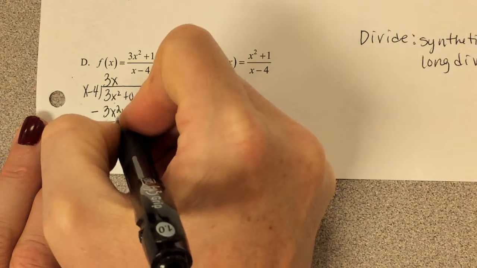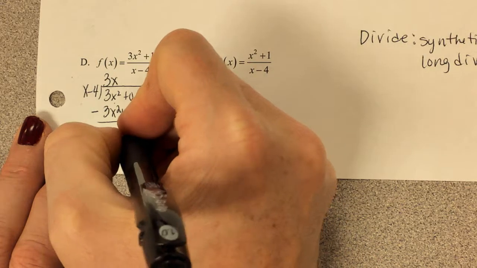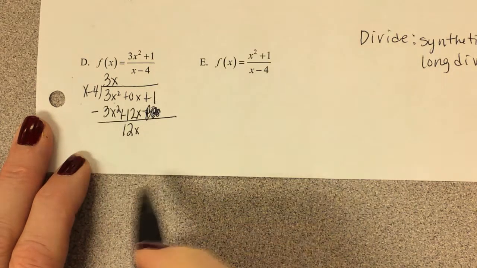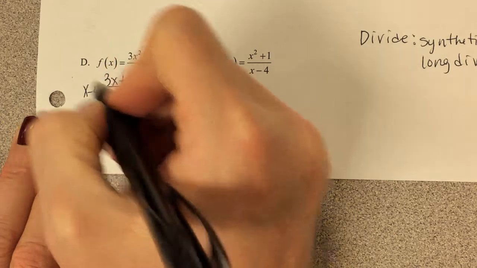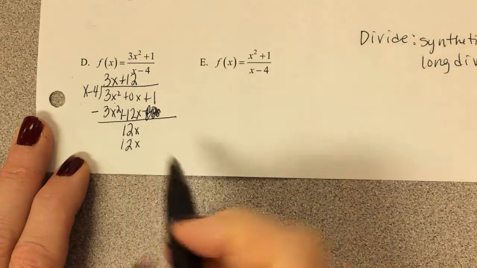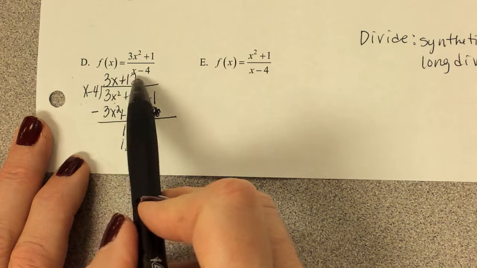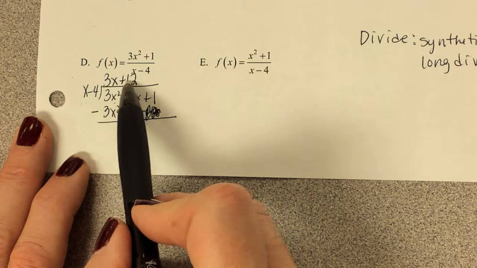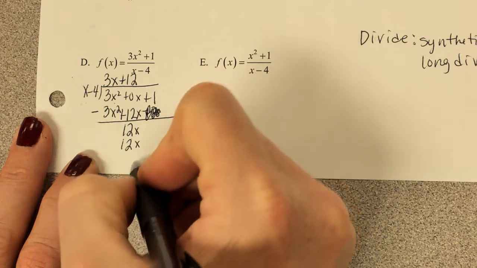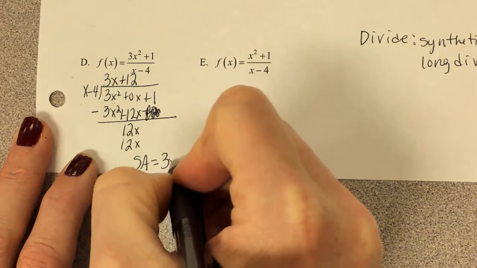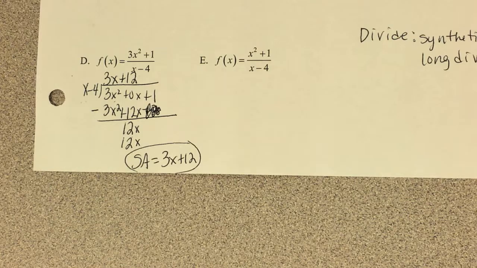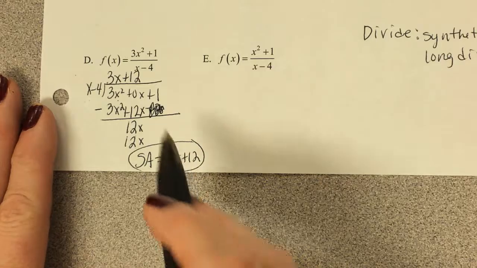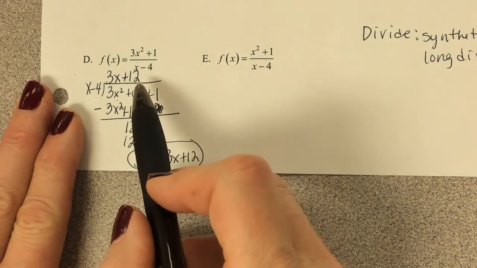So I subtract that and subtract that. So then I'm going to have 12x. And then I do 12x divided by x, and that's going to give me 12. And you can multiply, you get 12x. I really don't care at this point, though, because this is what I want to get. This right here is going to tell me the slant asymptote. So the slant asymptote is going to be 3x plus 12. I could have kept dividing, but all that gives me is the remainder, and the remainder has nothing to do with the slant asymptote. So that's one way to do the problem.